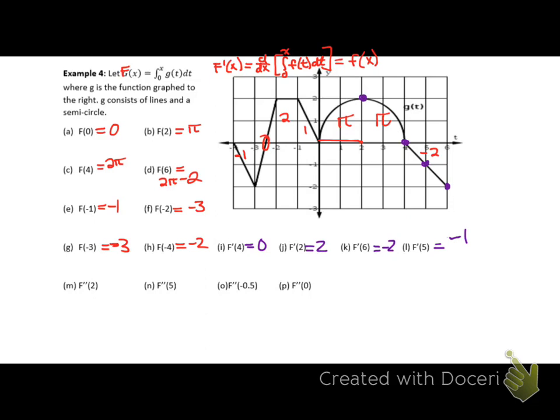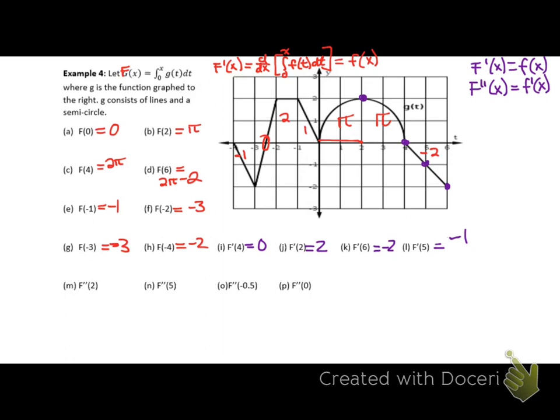Now we have F double prime. Okay, so let's take the derivative again. So if I know that F prime of x is g of x, then F double prime of x is g prime of x. So if that's what I get, then I'm just looking at the derivative of this graph.